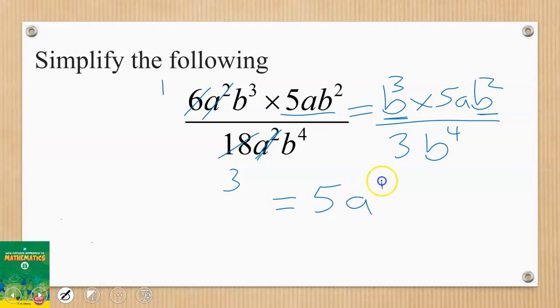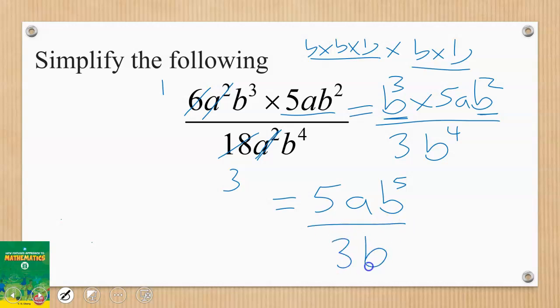I'm going to have 5b to the power 5, because b times b times b, then again times b times b, so 2 plus 3 here makes it 5. So 5 of the b's, all divided by 3 and 4 of the b's as well.